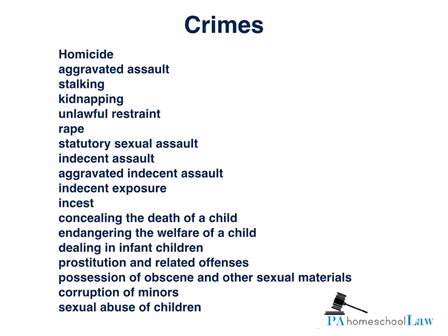Okay, so the crimes listed in Section 111 are as follows: homicide, aggravated assault, stalking, kidnapping, unlawful restraint, rape, statutory sexual assault, indecent assault, aggravated indecent assault, indecent exposure, incest, concealing the death of a child, endangering the welfare of a child, dealing in infant children, prostitution and related offenses, possession of obscene and other sexual materials, corruption of minors, or sexual abuse of children.